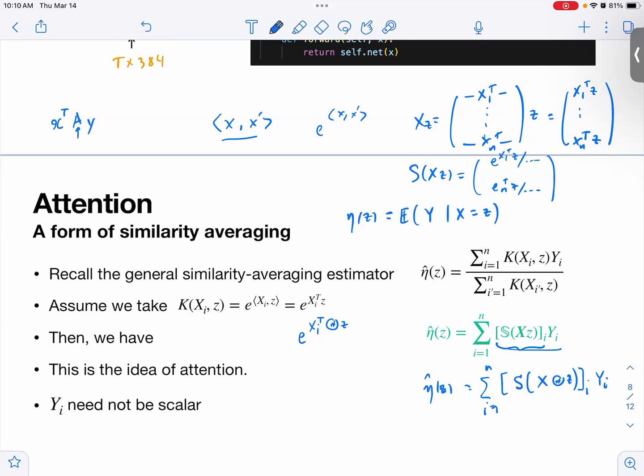Okay. When A is the identity, this is the usual product, but depending on the eigenvectors of A, you can measure similarity differently in different directions. I think we talked about this. For linear regression, for example, the error that we got was something like that.